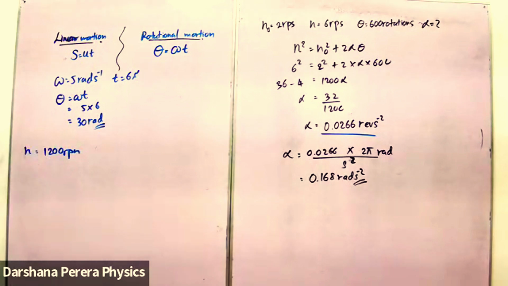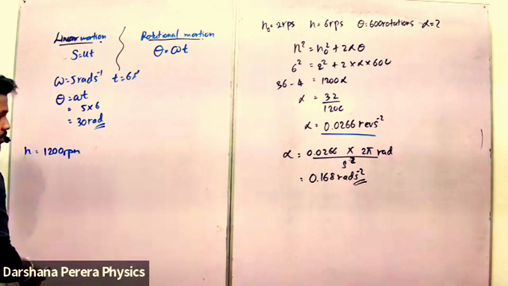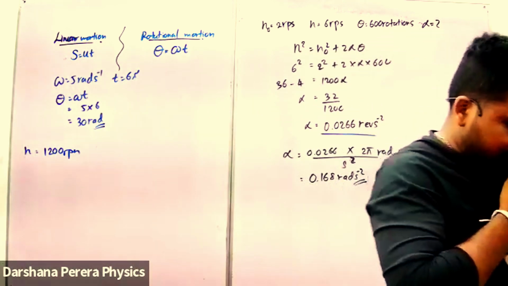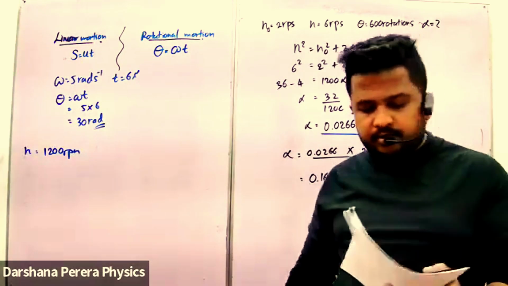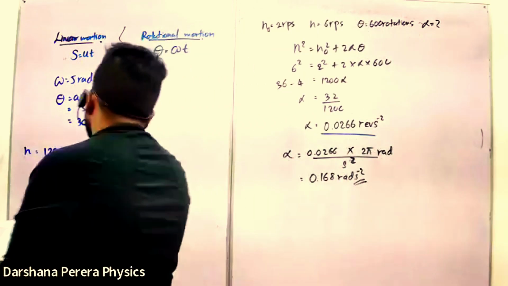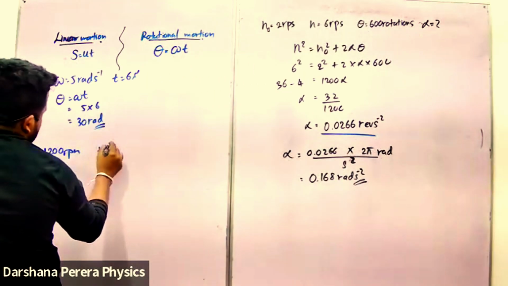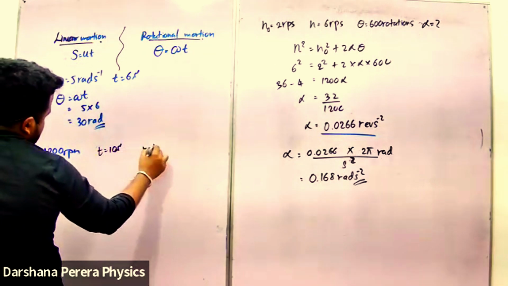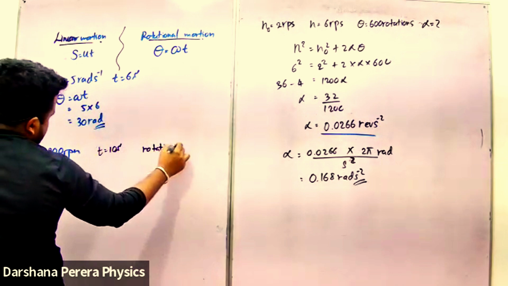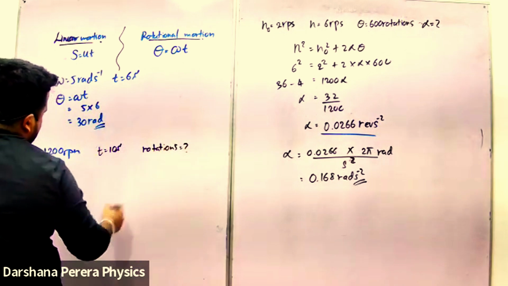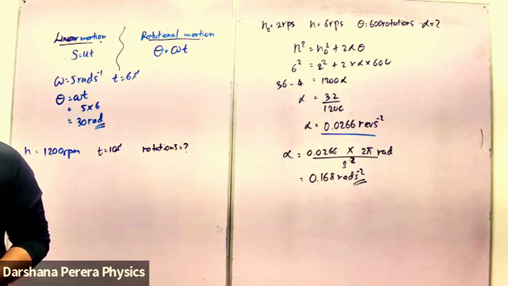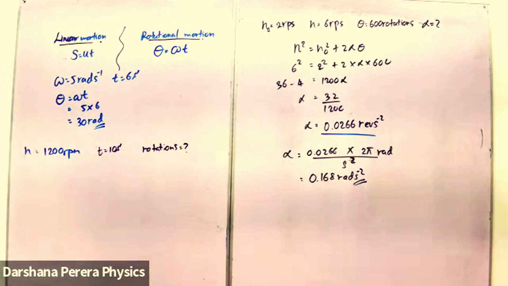Find the rotations in 10 seconds. Find the rotations. It's rotating at 1200 RPM. What are the rotations?